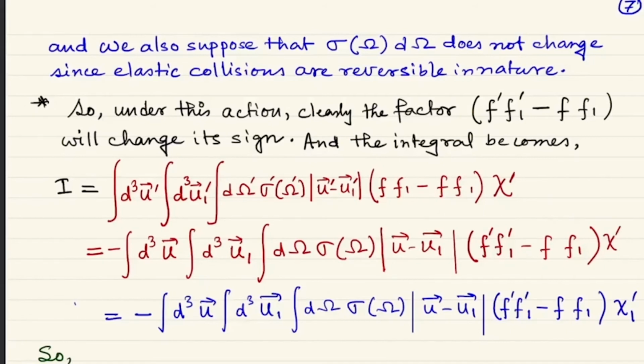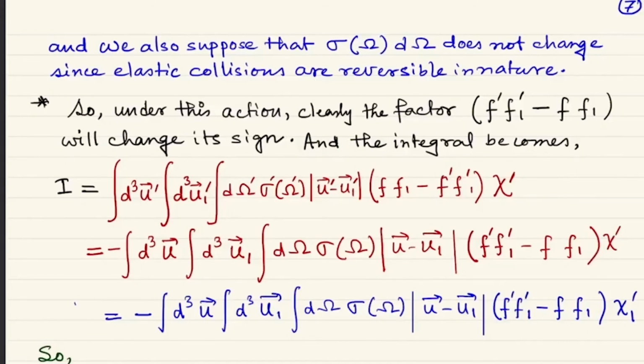So I have to write this clearly. This is nothing but minus of f prime f1 prime minus f1.